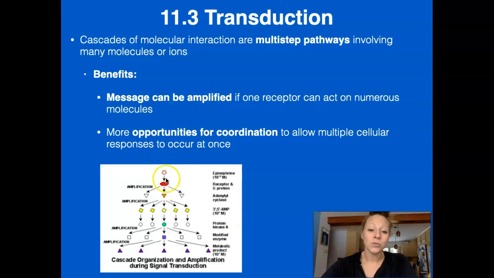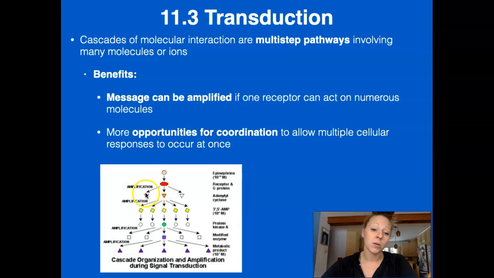So what this also does is, now we have many of these second molecules, but this second molecule could potentially work on more than one type of molecule. Here, you can see how this red receptor protein is going to work on 3 different types of molecules, and that's going to allow for coordination. What does this mean? Well, it's going to trigger one pathway, but it's also going to work on a different type of molecule, so it's going to trigger another pathway.